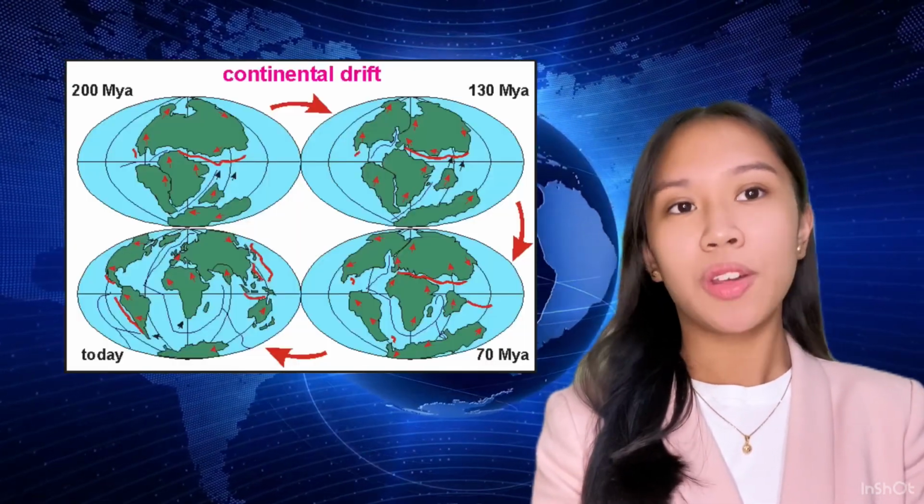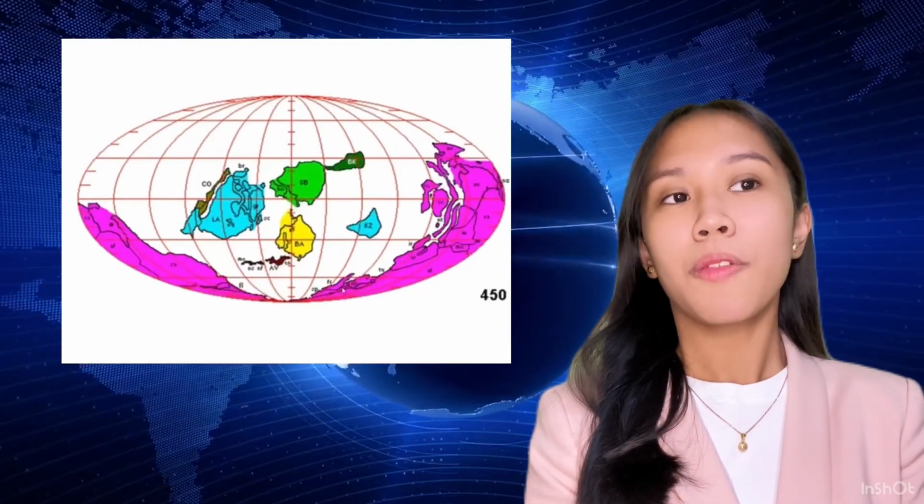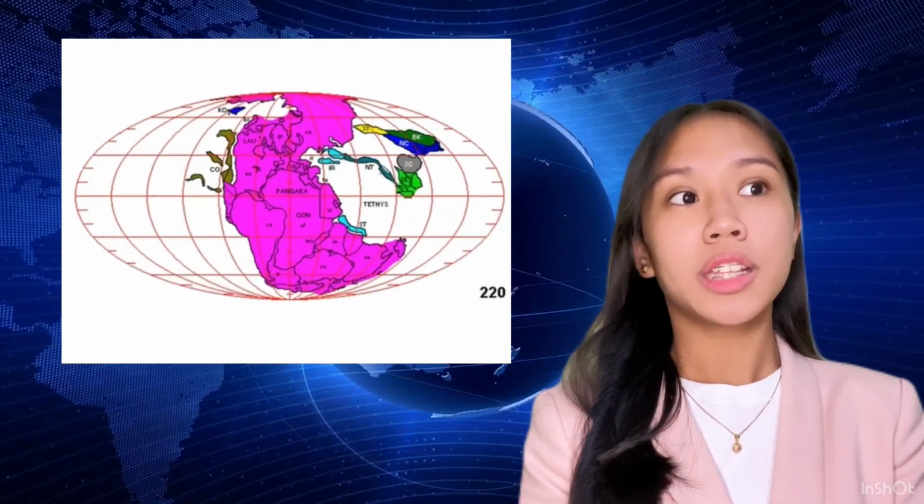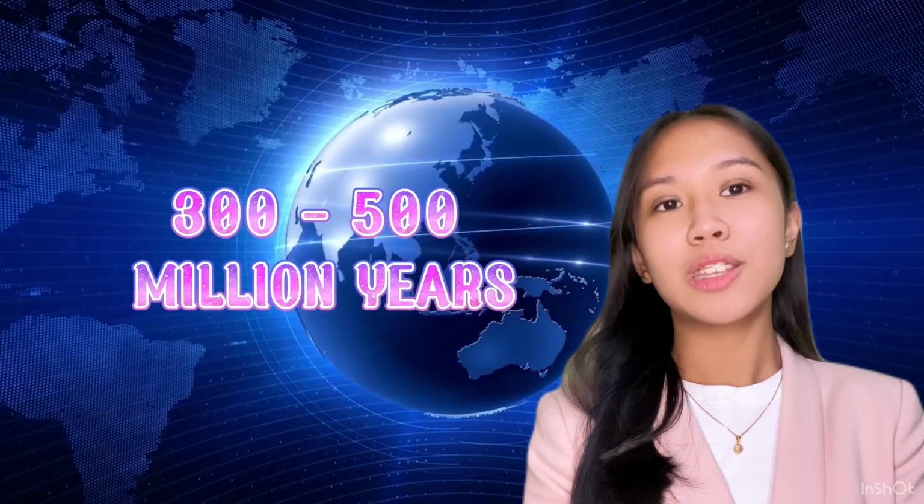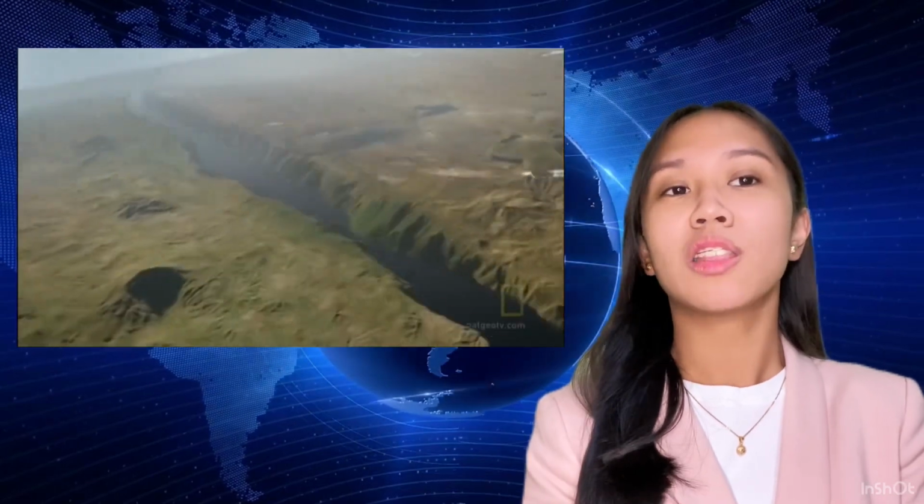This is known as the supercontinent cycle or Wegenerian cycle in honor of Alfred Wegener, who proposed the theory of continental drift. It is the constant reconfiguration of the Earth's crust that happens every 300 to 500 million years, which leads us to hypothesize that a supercontinent will form in another 100 million years or so.